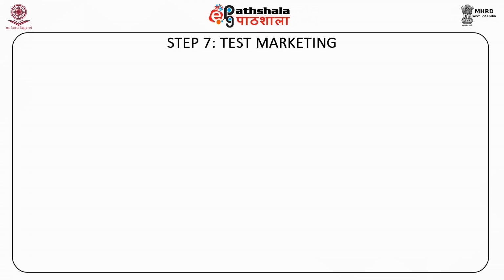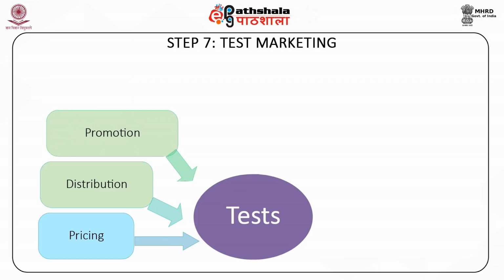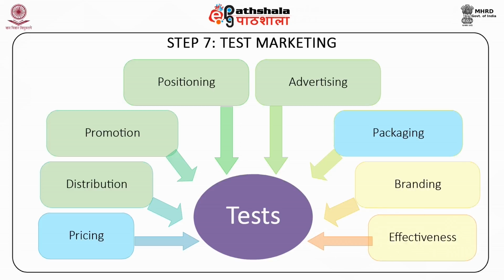At this stage, marketers are able to test the entire marketing program, pricing, distribution, promotion, positioning, advertising, packaging, and branding along with the product for its effectiveness, and it can be fine-tuned for launch at a larger scale. Armed with this learning experience, marketers are more confident about a full-scale launch. Besides, a test marketing program saves them the expense of a major marketing mistake later on.